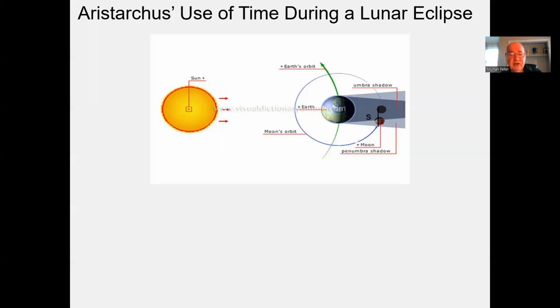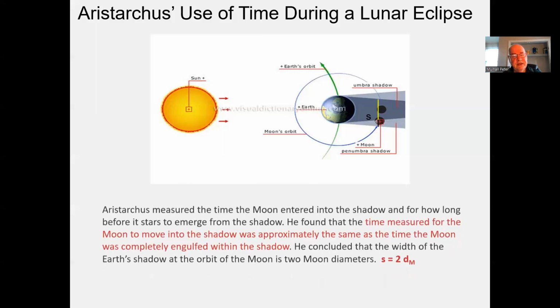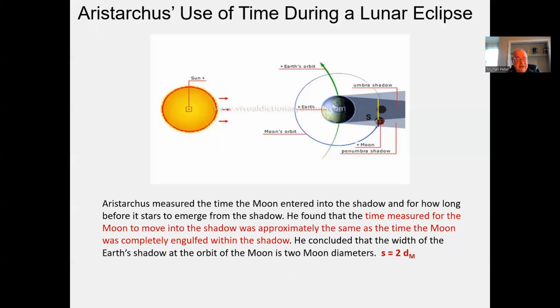And that's what he measured. Again, these are not easy measurements to make back in his time, but he did, and this is the number that he does use, that this number S, the width of the Earth's shadow out at the moon, is 2 times the diameter of the moon.